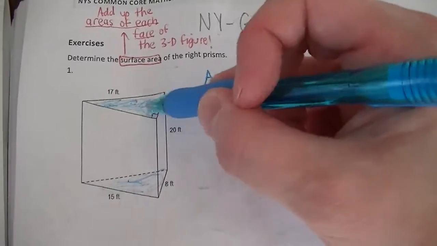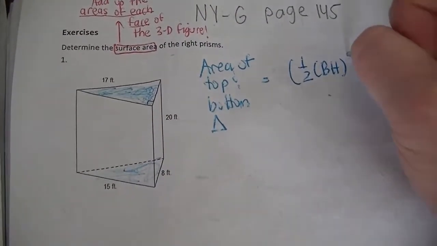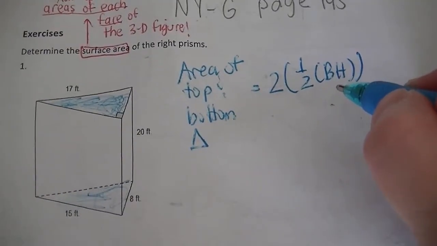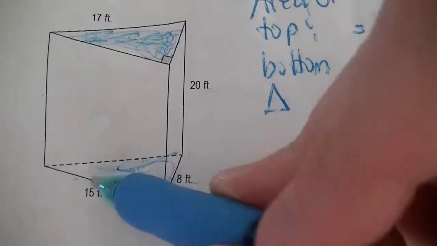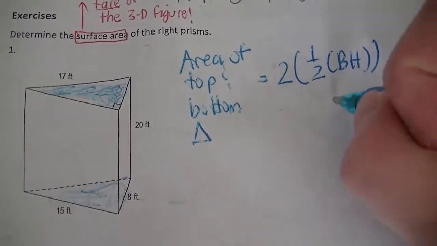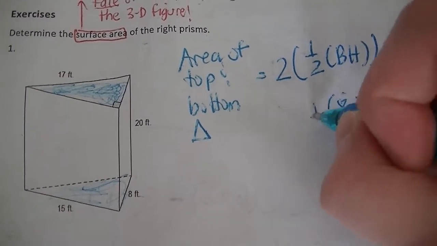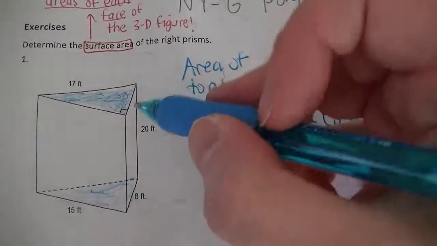So since this top is the same dimensions as the bottom, I'm going to multiply that by 2, okay? So the base times the height, let's see here, got 8 times 15. And we got to take half of that, and we got to multiply that by 2 because there's this one and there's this one.